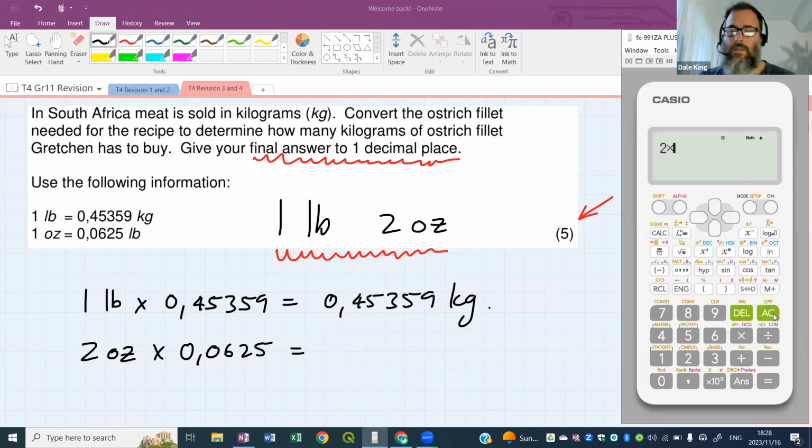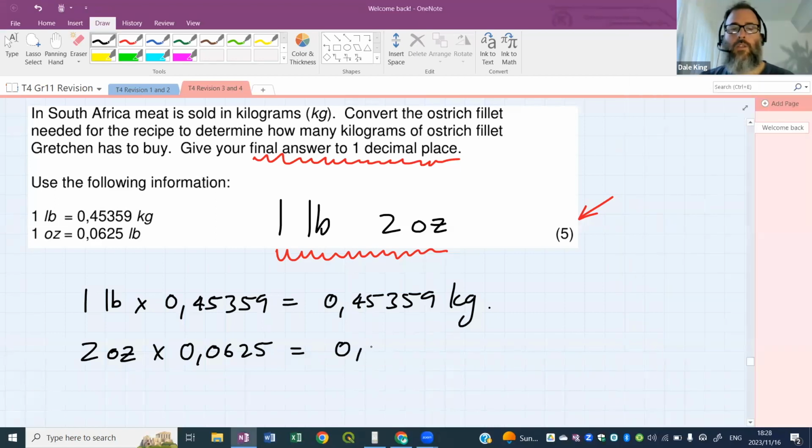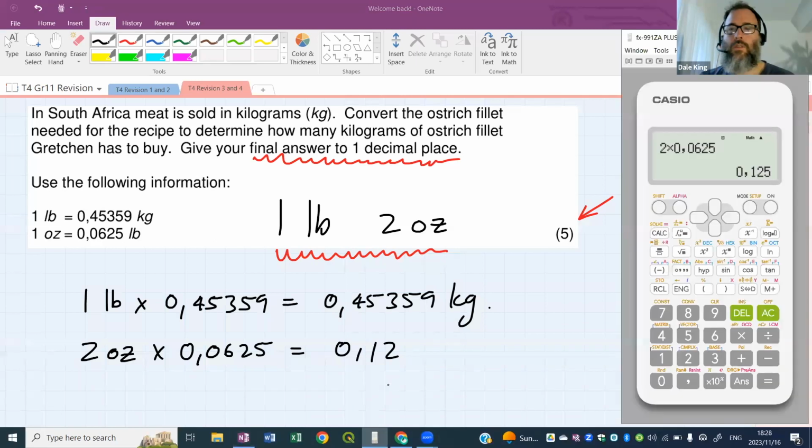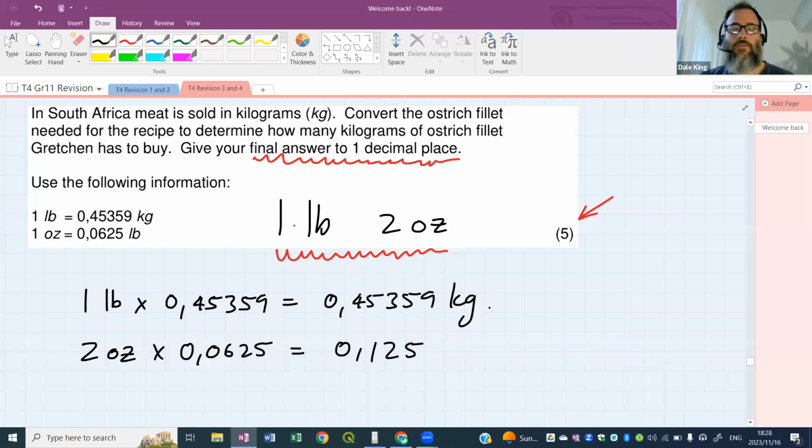And this is why Kia always says show your units. If you didn't write units here and you did both of these conversions and got these two numbers, you might think they're both being converted to kilograms, so let's add them up.